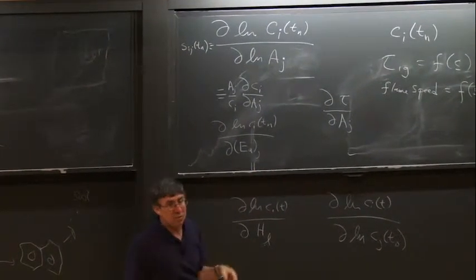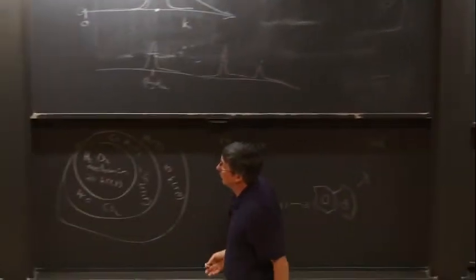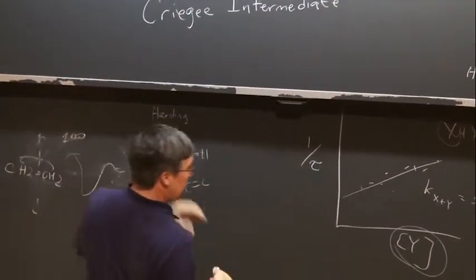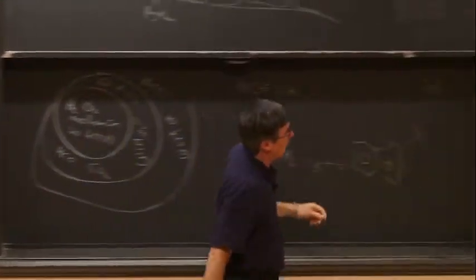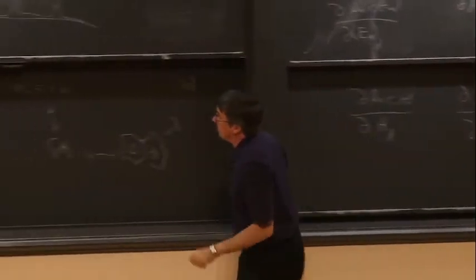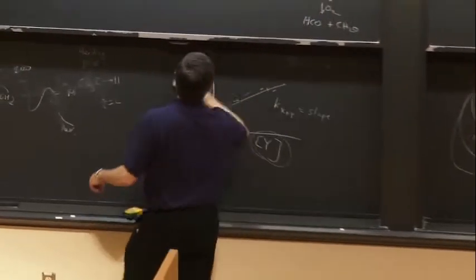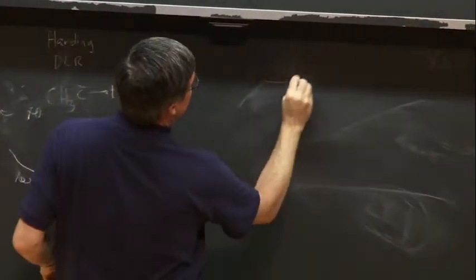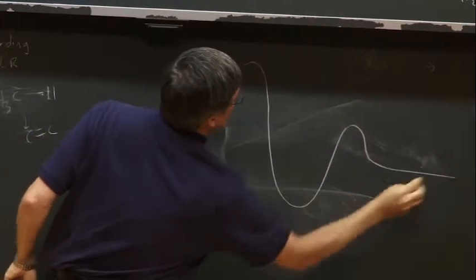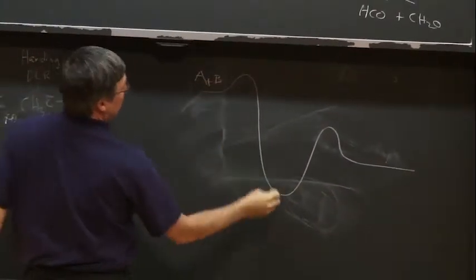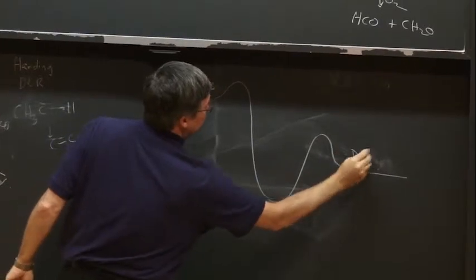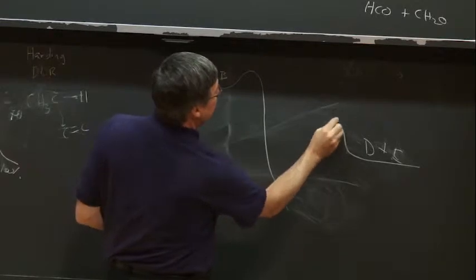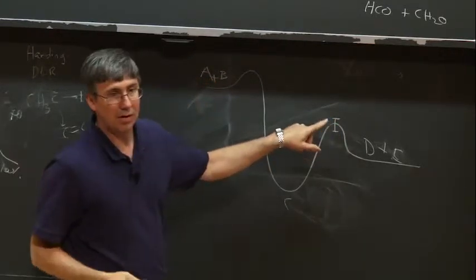And in the cases where you have those chemically activated well-skipping reactions we were talking about last time, so you have a case like this, A plus B goes to C, goes to D plus E. You might be sensitive to this quantum mechanically calculated barrier height.